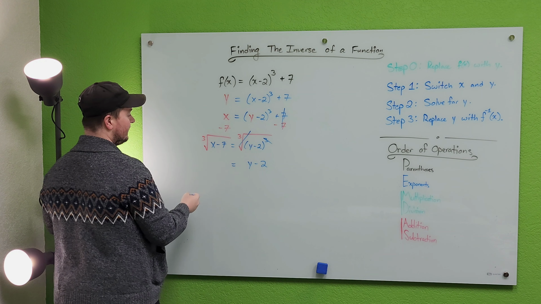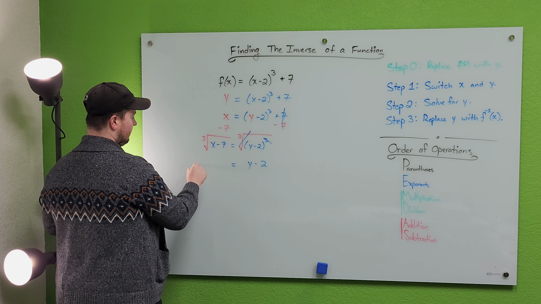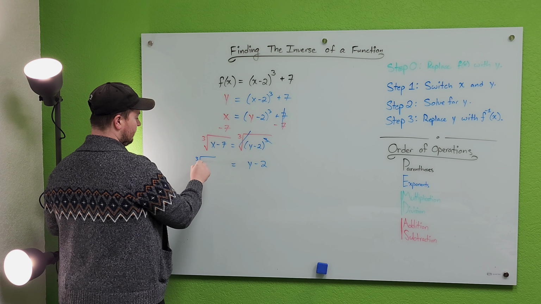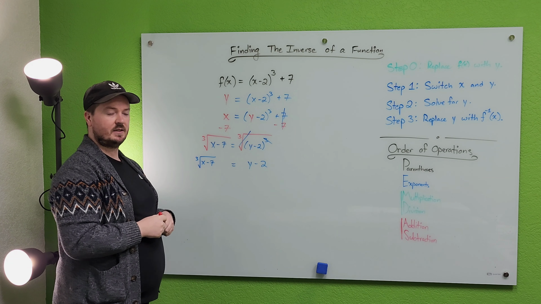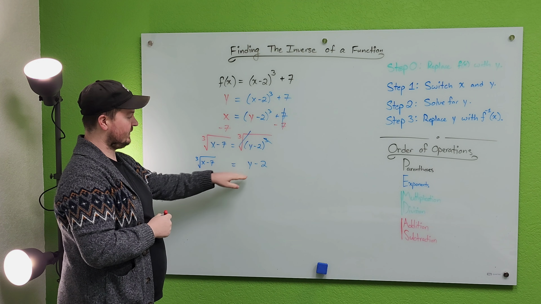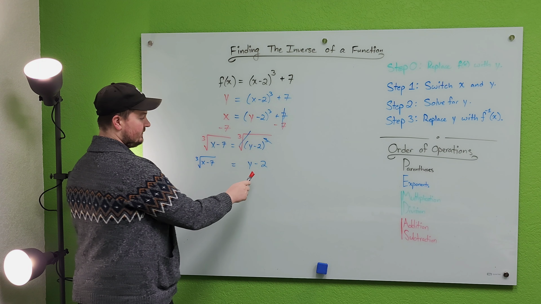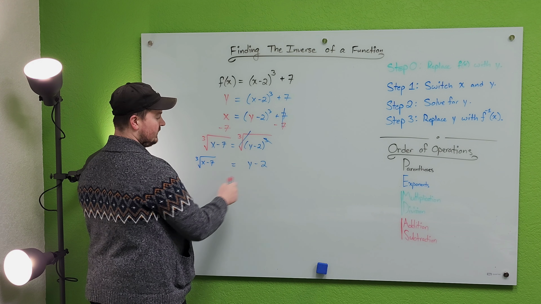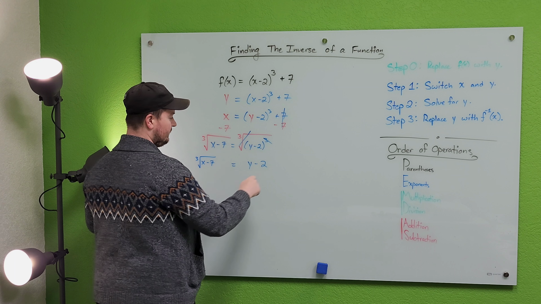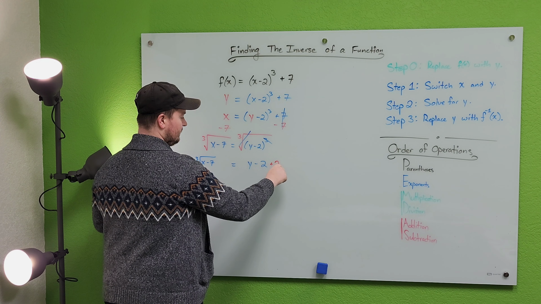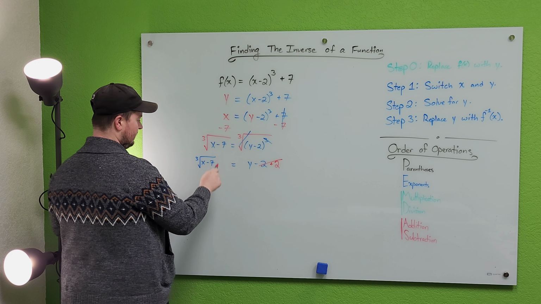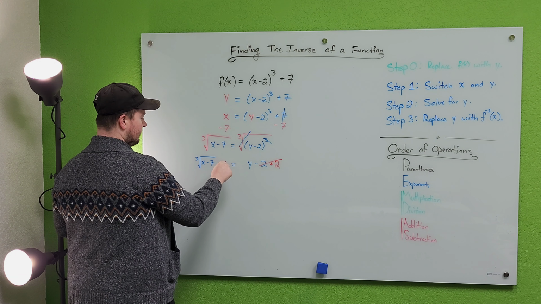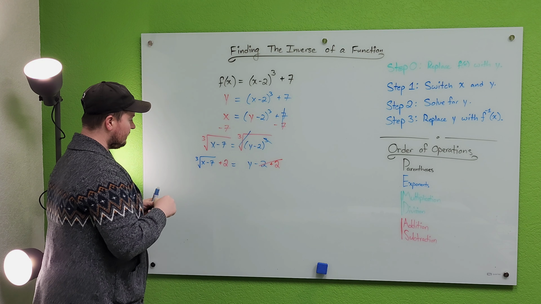On this side, there's nothing to cancel, so we're just going to have the cube root of x minus 7. But the last thing we have before y is by itself, we have to get rid of minus 2. So the opposite of subtracting 2 is adding 2. Those cancel, but whatever you do to one side of the equation, you do to the other. So we add 2 over here.